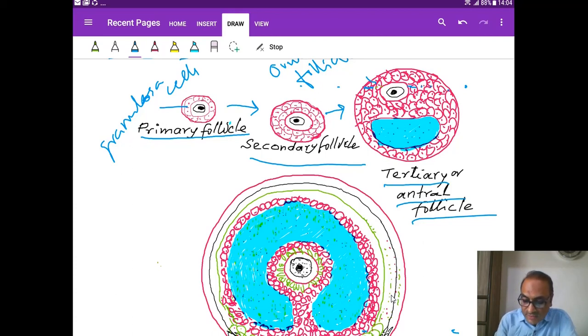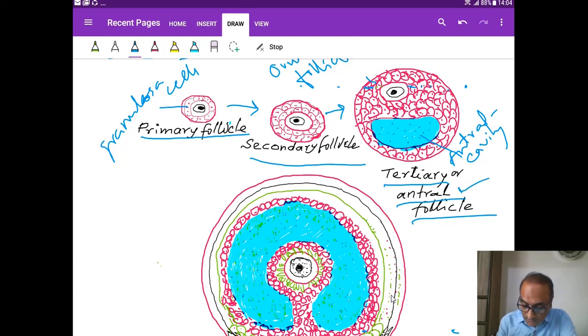What happens is, as the number of granulosa cells goes on increasing and the follicle becomes larger and larger, some of the granulosa cells in the center degenerate and create a cavity filled with a liquid, as we see here. This is called the antral cavity, and it is filled with antral fluid, and that's why the tertiary follicle is also called the antral follicle.